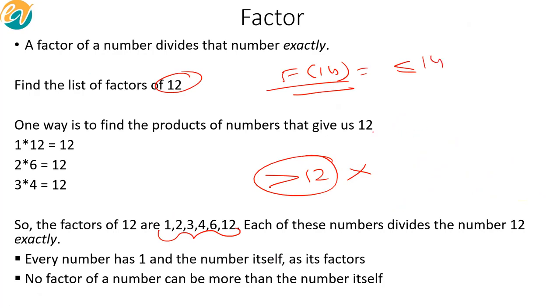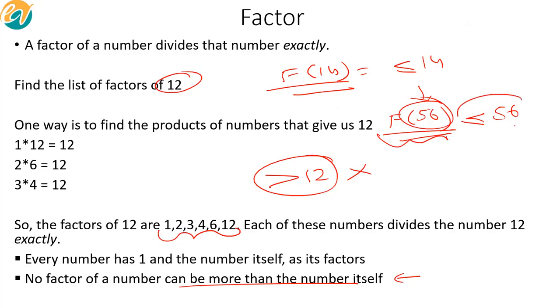You can take any number, for example 56. All the factors of 56 would be numbers lesser than or equal to 56. In other words, all the factors of a number would be lesser than or equal to the number itself.